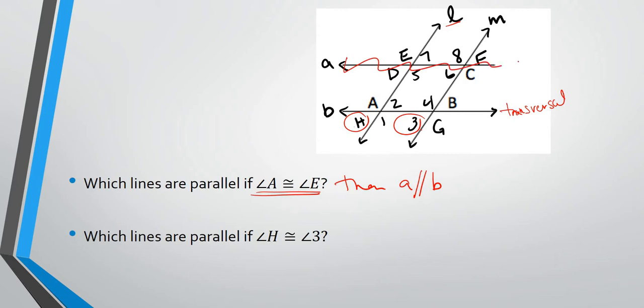And I'm going to ignore that line because L and M are my two lines. If H and 3 are corresponding on lines L and M with transversal B, and if they are congruent, then L is parallel to M. So it's determining where we are looking and what line is my transversal versus which lines I am trying to prove as parallel.